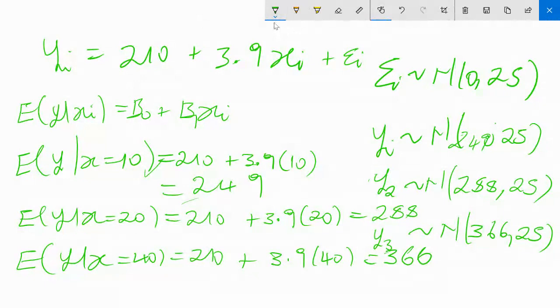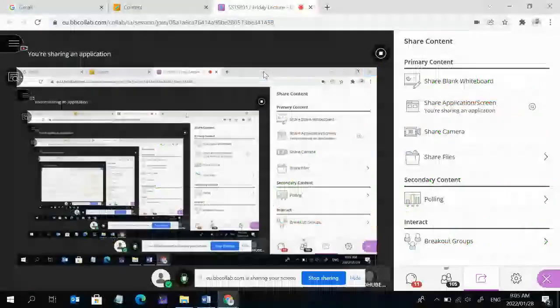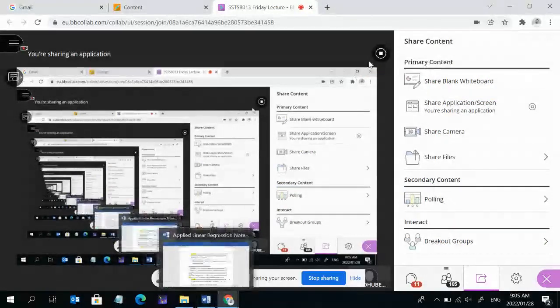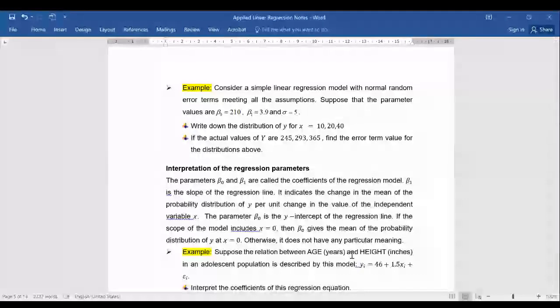These are the three distributions of y for those given values of x. The following question is that we have to find the errors given the actual values. So we want to find the error term for these actual values.